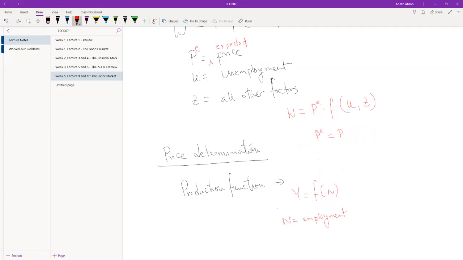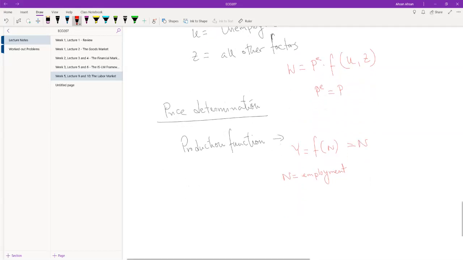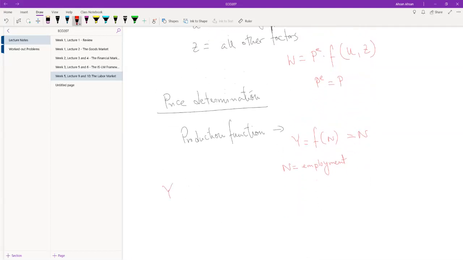And we're going to simplify this even further. We're just going to say this: y equals n. So basically, how much output we have is directly related to how many people we're employing. The important thing here is that this means the cost of producing one more unit is the cost of hiring one more worker.